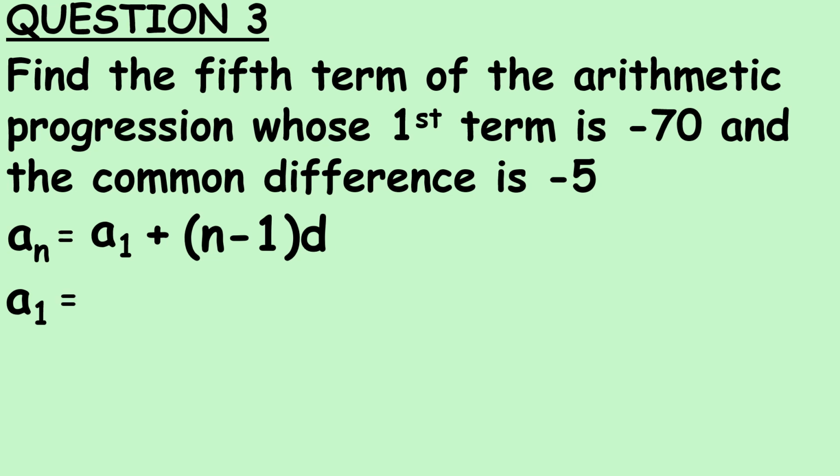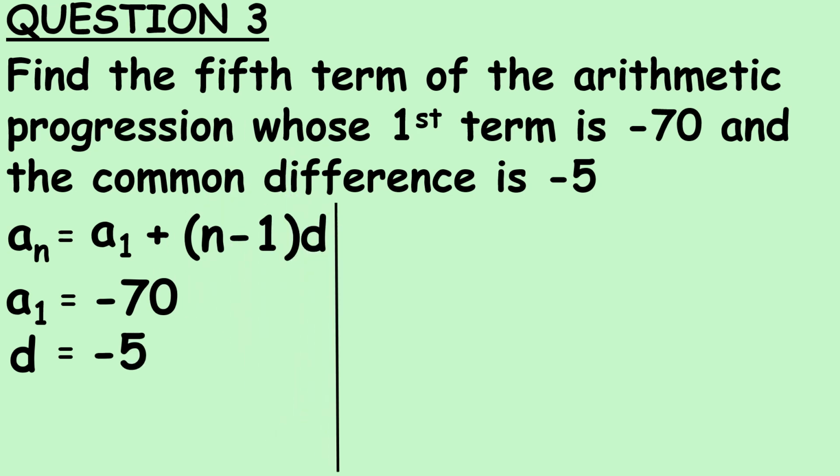A1 is what? Minus 70. That is A1, which is the first term, is equals to minus 70. And then our difference is equals to what? Minus 5. So we can simply solve for the 5th term, because in this particular case, our n is equals to what? 5.